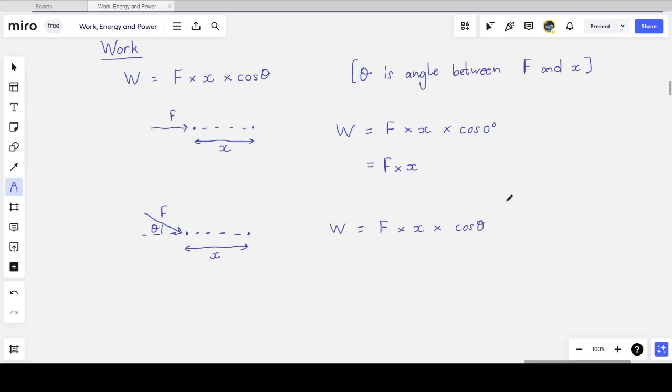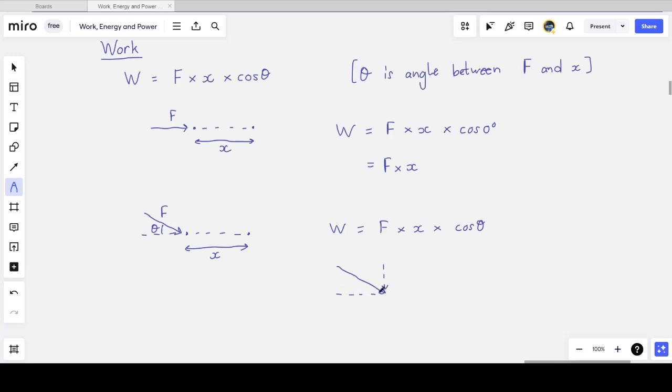Now sometimes this method can be a bit confusing. Why do I have a cosine theta just roaming around there? Well, if I think about the force that I'm actually applying, this force is down and to the right. Actually, I can exaggerate this a bit more. This force is down and to the right, meaning there's a downward component of the force and there's a rightward component of the force.